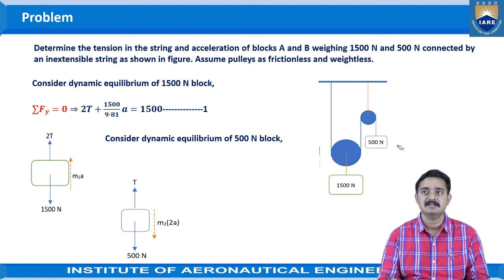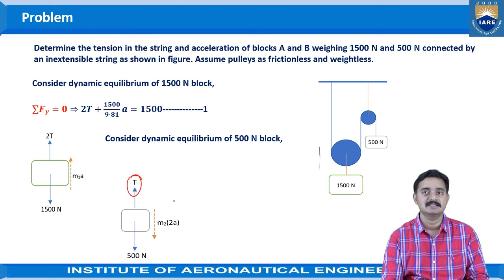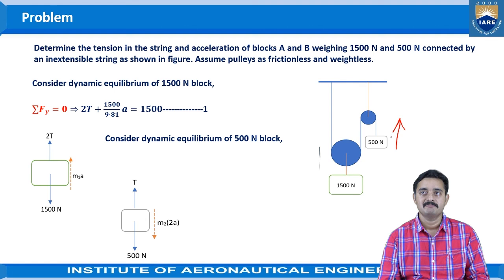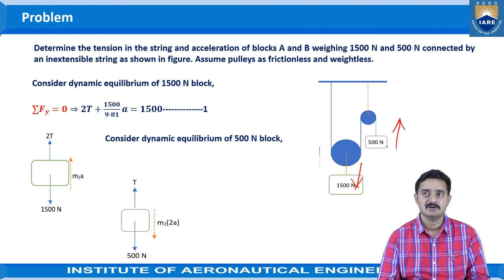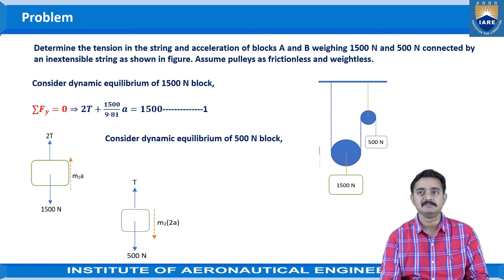The difference is because of the way in which this 1500 Newton block is being tied using this string. So tension will be single, but the acceleration will be in a double manner. And as this 1500 Newton comes downwards, 500 Newton goes upwards, so the inertia force will be towards downward direction.